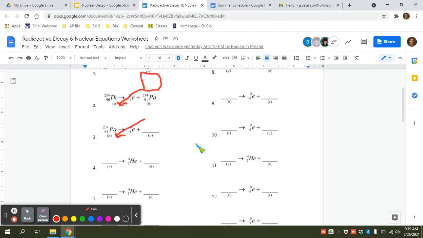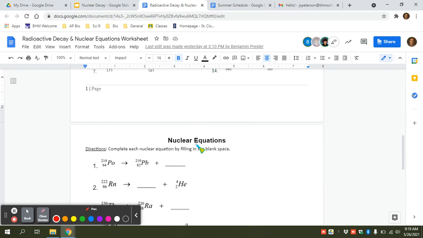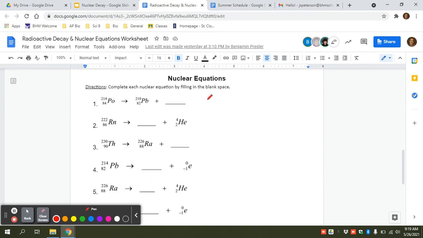So that's easy peasy lemon squeezy. Those of you at home might have to write this in your notebook when you're doing these because these are not fillable on the Google Doc, or you can just insert a little text box and type into it. Okay.